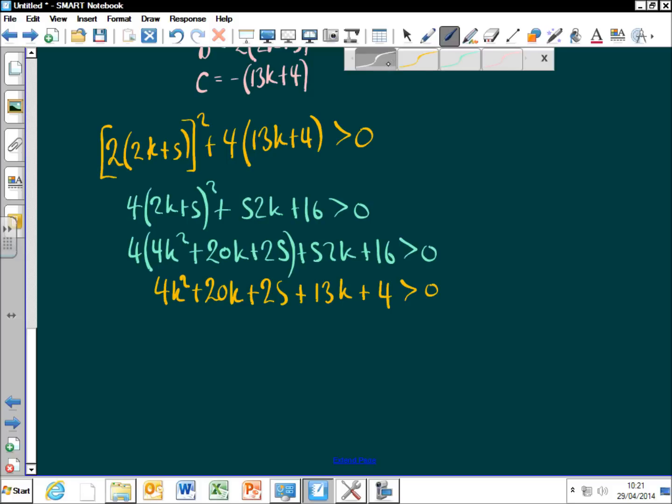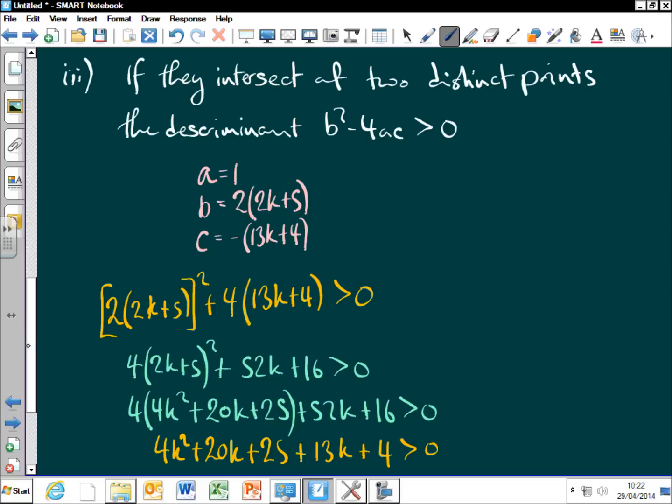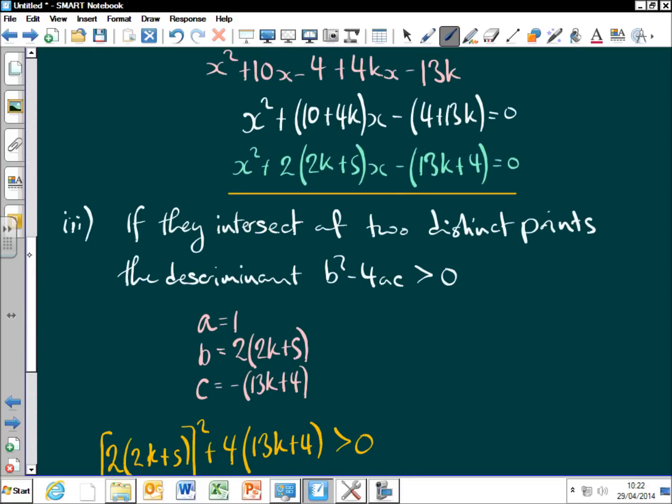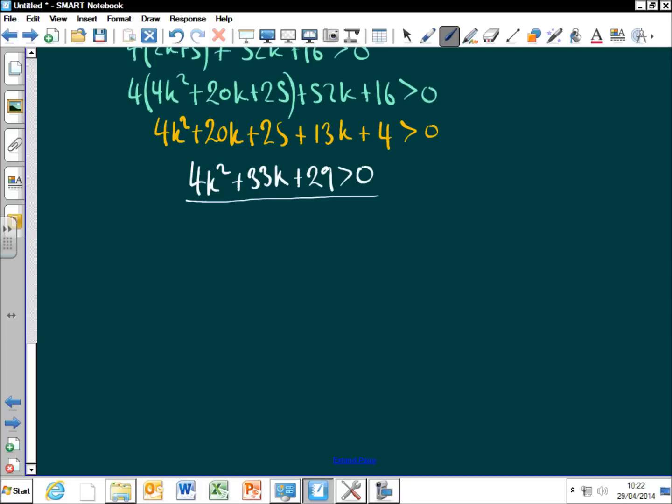I've got 4k squared, and I've got 20k plus 13k, that's 33k. And then I've got 25 plus 4, which is 29, and that's exactly what they wanted us to show. So if it's got 2 points of intersection that are distinct, then k has to satisfy that, and that's because of the discriminant. And then the very last question is to solve this.